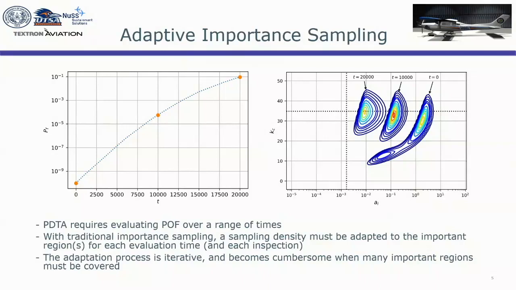So if you adapt a sampling density for the middle distribution, say 10,000, that's going to give you a very good estimate of the POF curve here, but you will not get a very good estimate here or here. So with traditional importance sampling, you have to adapt multiple sampling densities, and the adaptation process requires iterative sampling. If you have several time points and you have to perform multiple iterations of optimization at each POF time point, it can become cumbersome and inefficient.